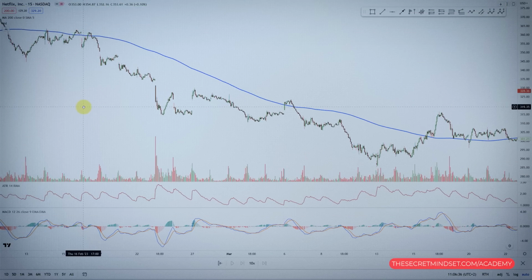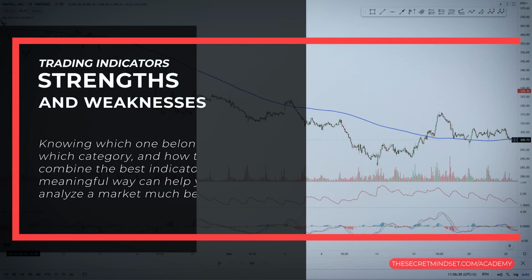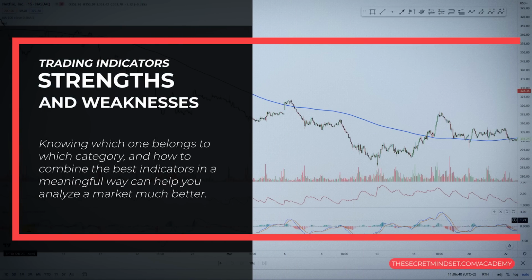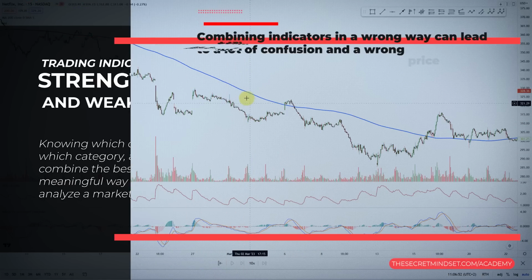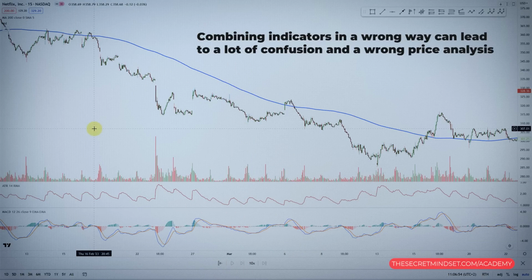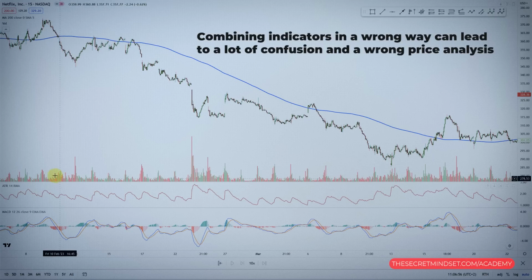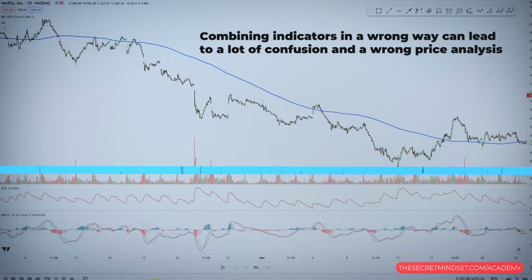Knowing which one belongs to which category and how to combine the best indicators in a meaningful way can help you analyze the market much better. What you need to realize is that while these technical indicators are useful, they each have their own set of weaknesses. And combining indicators in a wrong way can lead to a lot of confusion and the wrong price analysis.